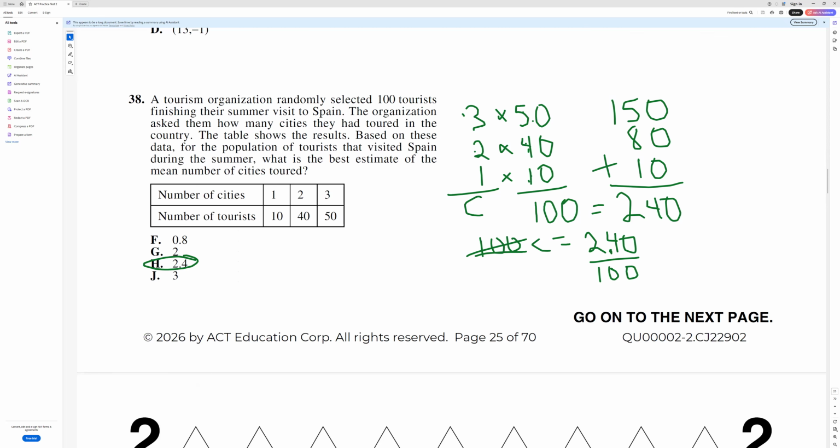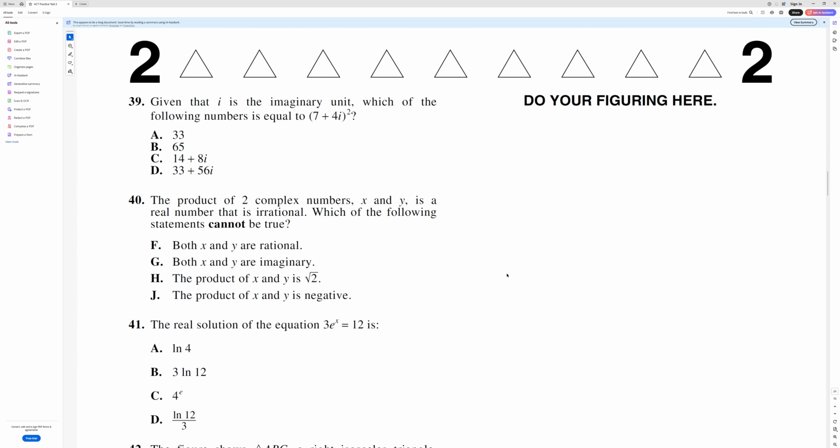Okay, so given that i is an imaginary unit, which of the following numbers is equal to (7 plus 4i) to the second power? Now remember, to the second power simply means that we're going to FOIL. To the second power means we need 2 parentheses, which means we're gonna have 2 middle terms. 7 times 4 is 28i.